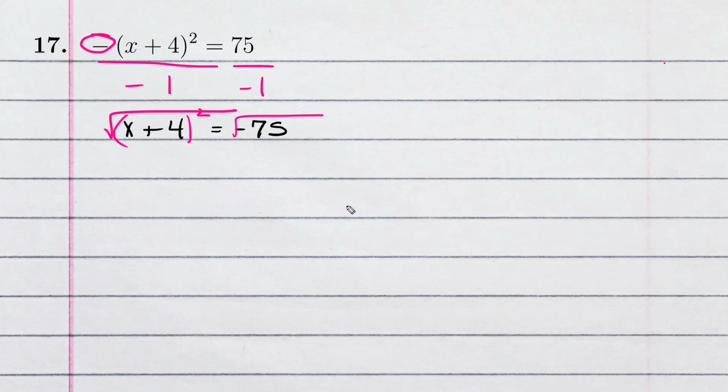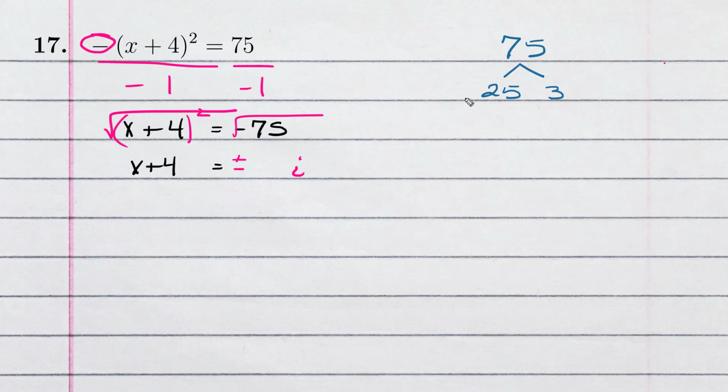And I end up with x plus 4 is equal to, and anytime I take the square root of a number, that means I'm going to have the plus or minus sign. Since that number is negative, that means I have imaginary. And so I'm going to take that 75 and see how I can split it apart into its perfect square times a number. So 25 times 3 is equal to 75.